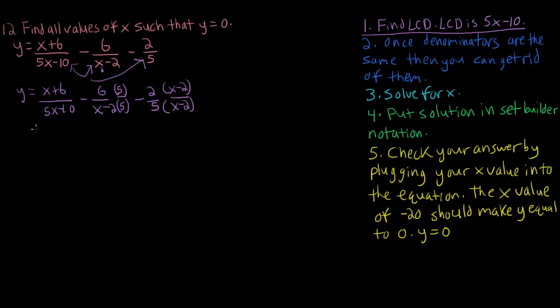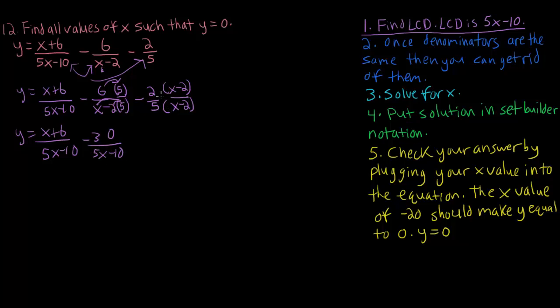And now we just have to distribute these terms. So y equals x plus 6 over 5x minus 10, and then you have 6 times 5, so minus 30, over 5 times x is 5x, 5 times negative 2 is negative 10, so 5x minus 10.